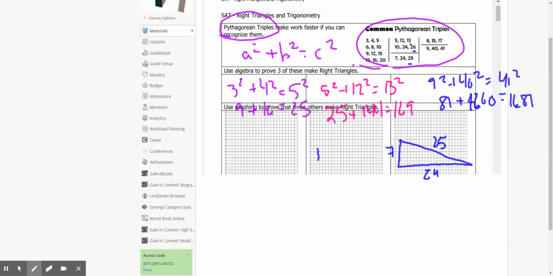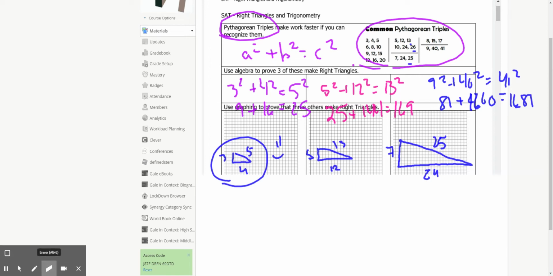Or you could graph 5, 12, 13. So 5 squared plus 12 squared equals 13 squared. Or the really common one, 3, 4, 5. That's the one that's going to come up most often. You really need to memorize that guy. All right, well, let's erase this. Go on to the next part.